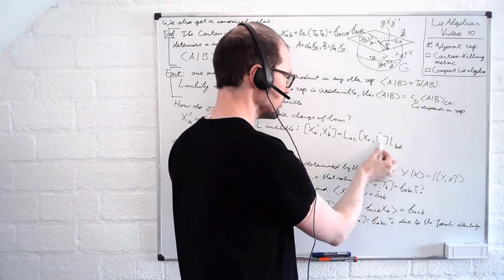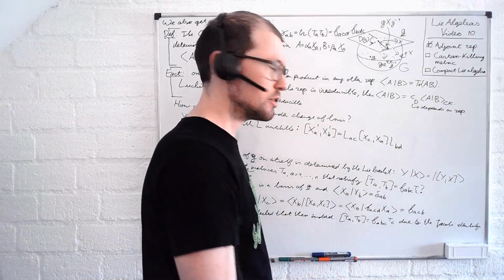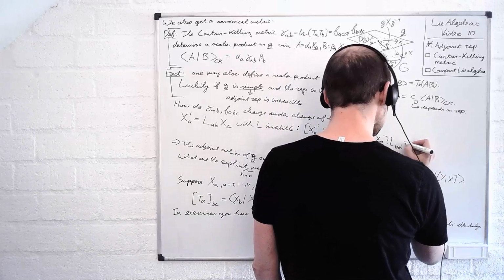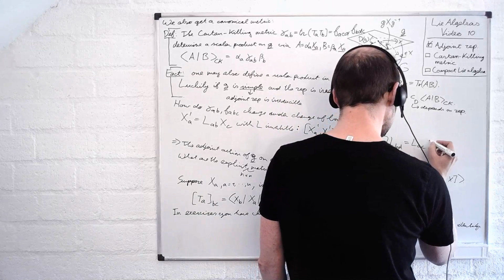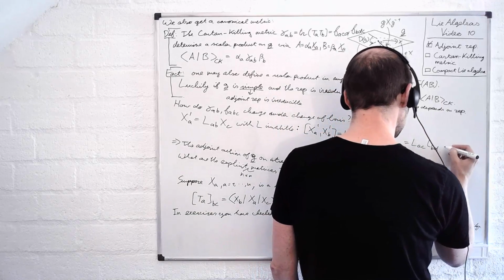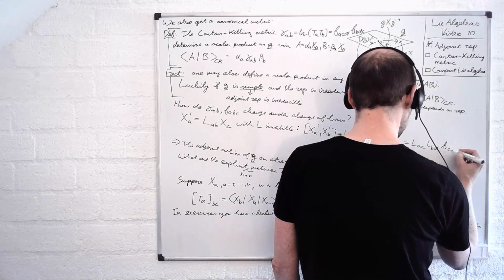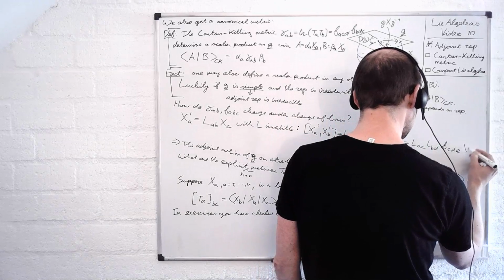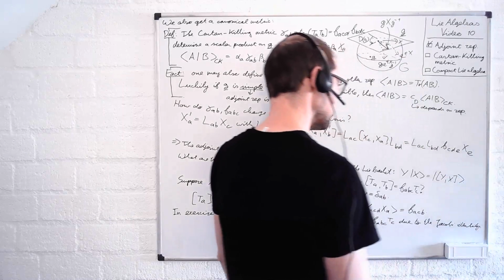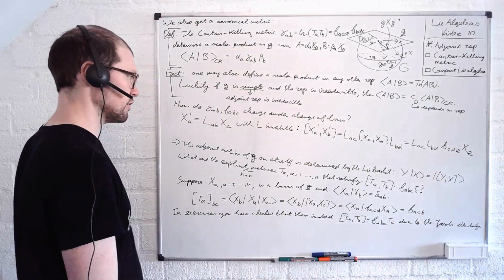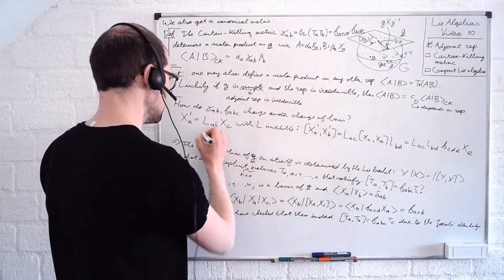And then we use that this is given by the structure constants. So we get L_AC L_BD f_CD^E X_E. That's the definition of the structure constants.